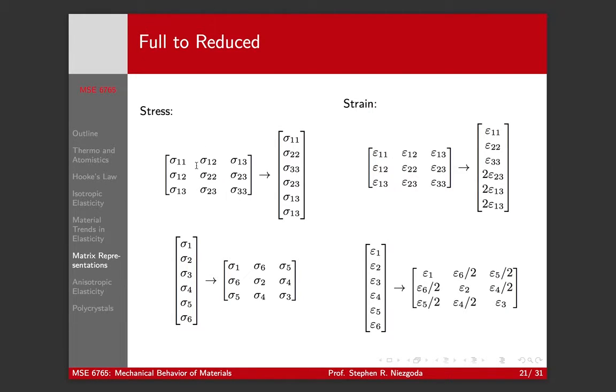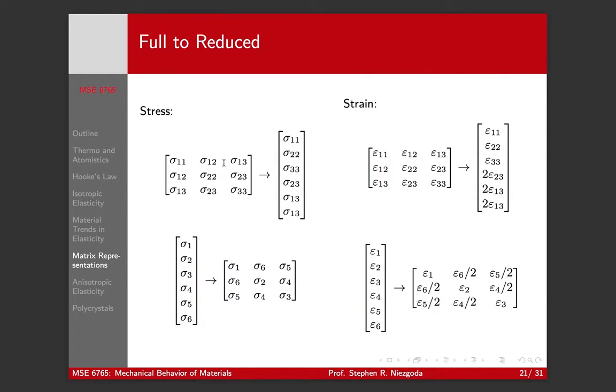Okay, so to go from our full 3 by 3 stress tensor, we write it out. We just go down the diagonal, sigma 1 1, sigma 2 2, sigma 3 3. Then we go back up around.